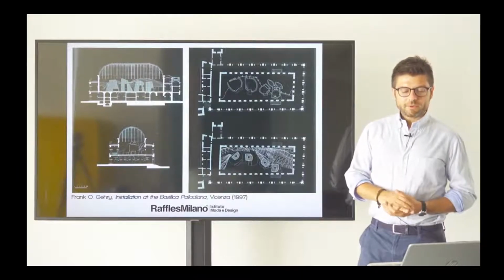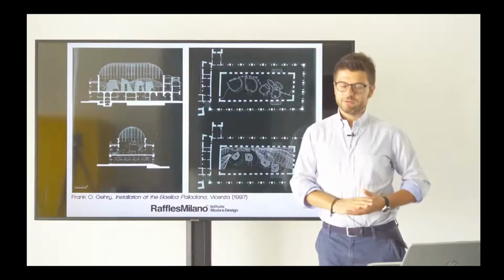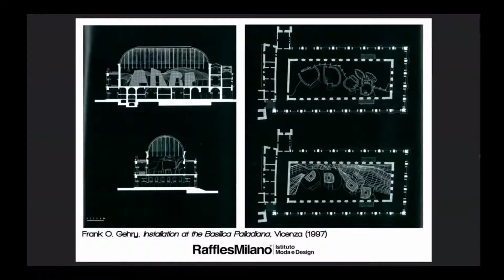We go to another project that was not made but remained only on paper. That is the one by the American deconstructivist architect Frank Gehry, the architect of the Guggenheim Museum of Bilbao.